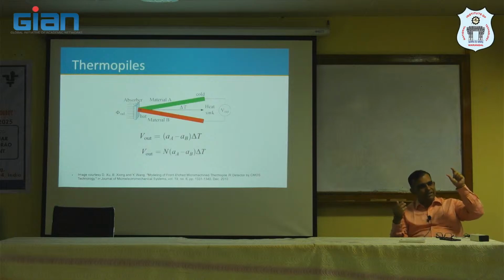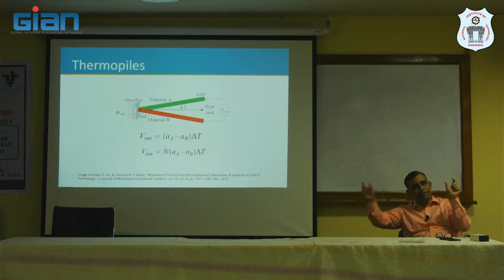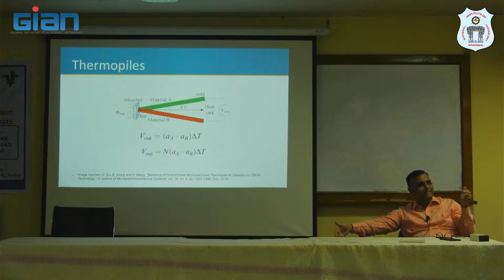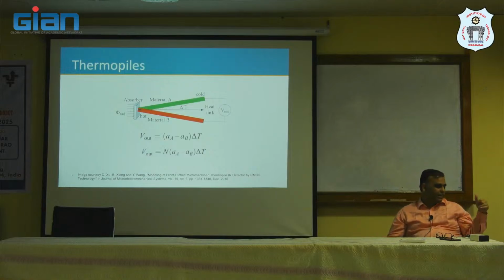So one is producing a small amount of volt. If I have n number of these, then I will get n times that voltage. Okay. So quite often we make series of these, particularly when we are making them in chips. Now these sensors have been used for the last 50 years, or if not 100 years. They are nothing new. What we are going to discuss is how do we put it on top of a silicon chip.